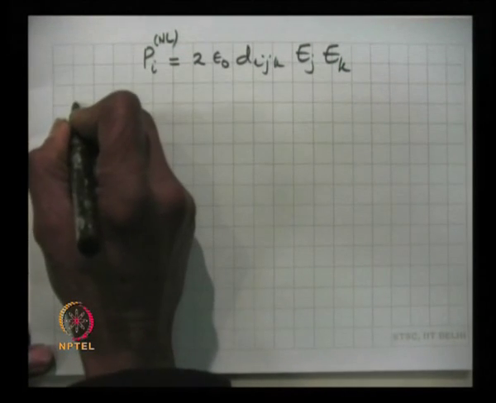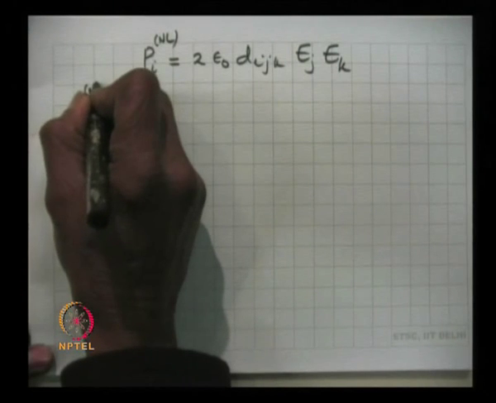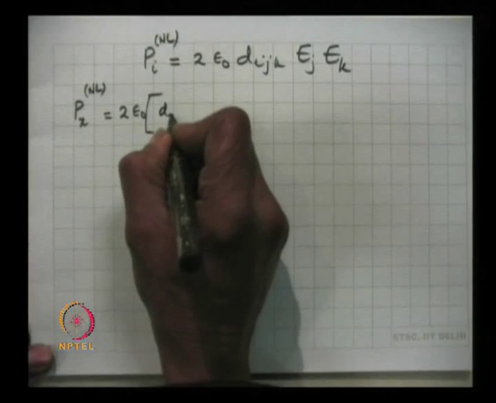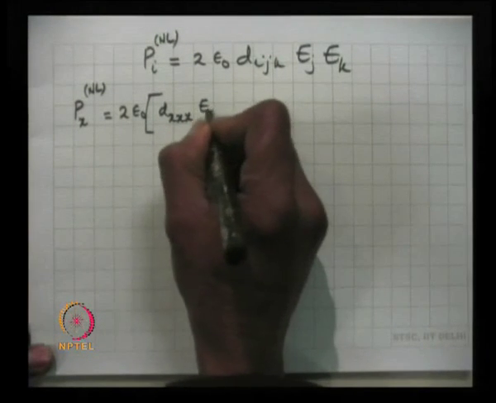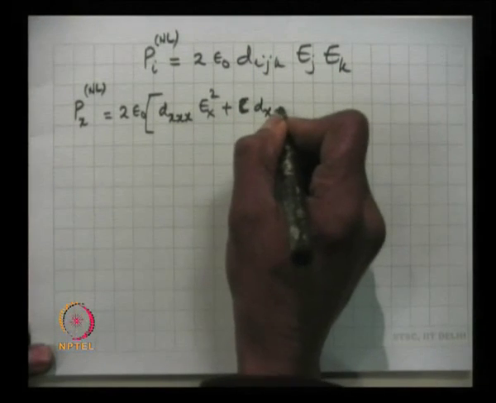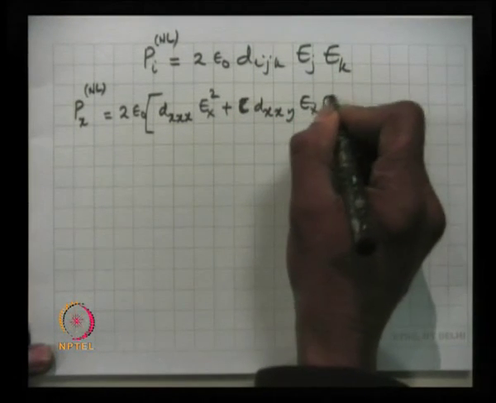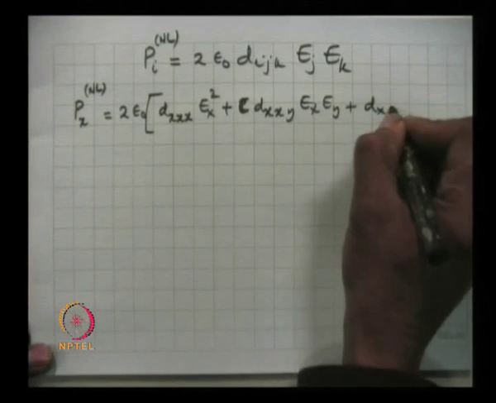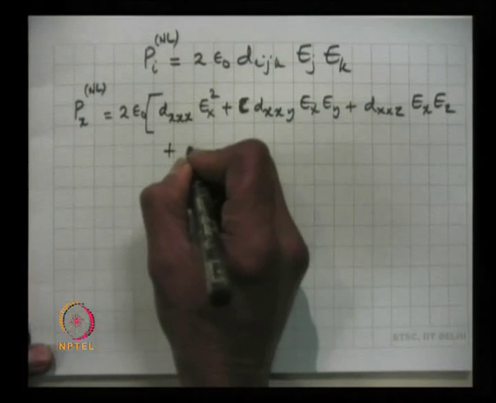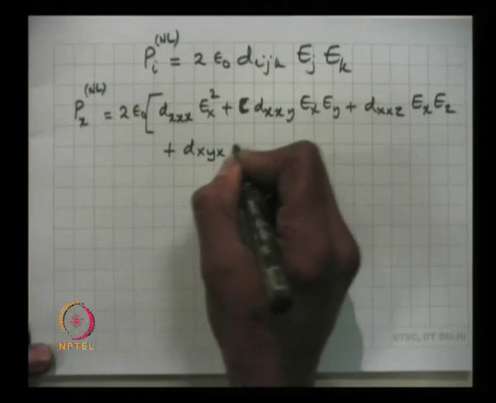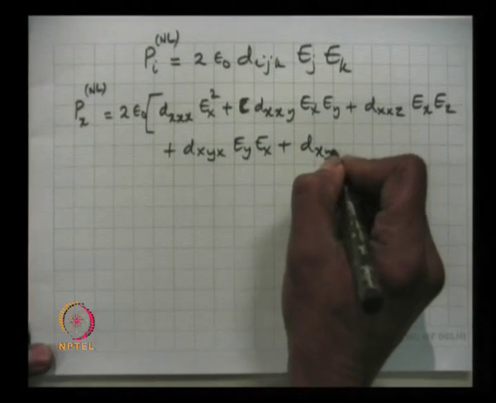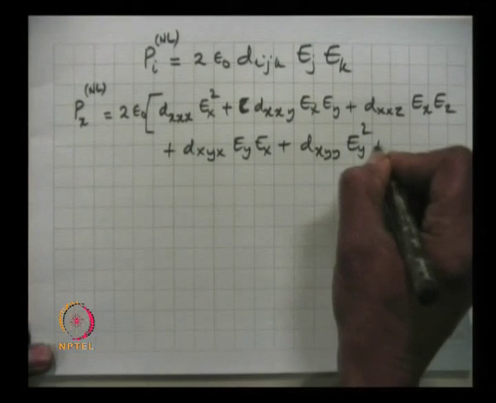So it essentially means, for example, P x nonlinear will be equal to 2 epsilon 0 into d x x x E x square plus d x x y E x E y plus d x x z E x E z plus d x y x E y E x plus d x y y E y square plus d x y z E y E z, and so on. So many terms.